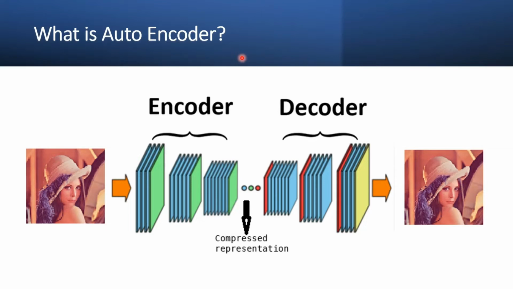Autoencoders are a specific type of feed-forward neural networks where the input is same as the output. They compress the input into a lower dimensional code and then reconstruct the output from this representation. The code is a compact summary or a compression of the input, and it's also called a compressed representation.